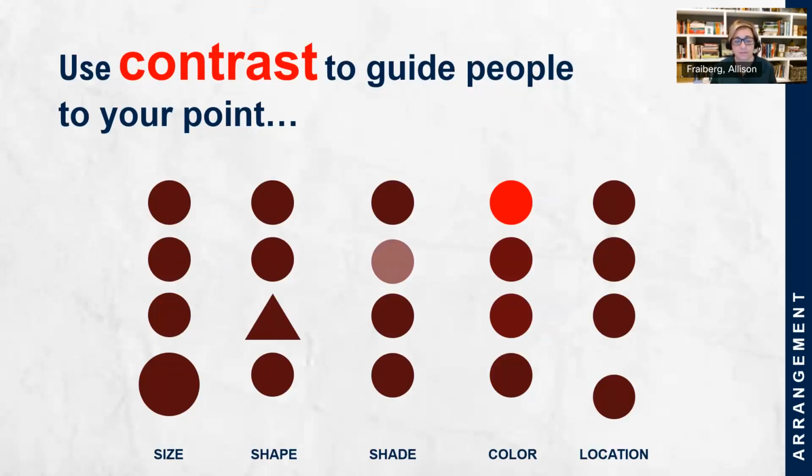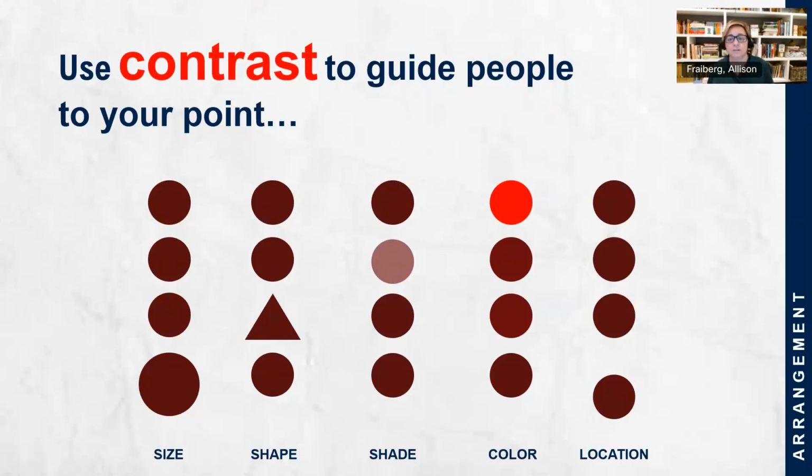So you can have something on the page be a different size than the other ones, something on the slide being a different shape. So their eye is drawn, in this case, to the triangle. Something in the column, you're going to change the shade, even if you're all in that kind of maroon category, you're going to change the shade and the audience member's eyes are going to be drawn to that different shade.